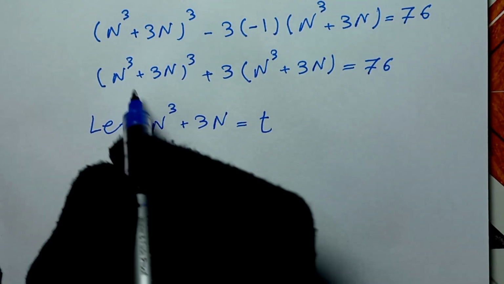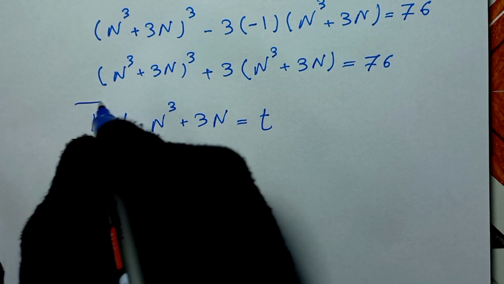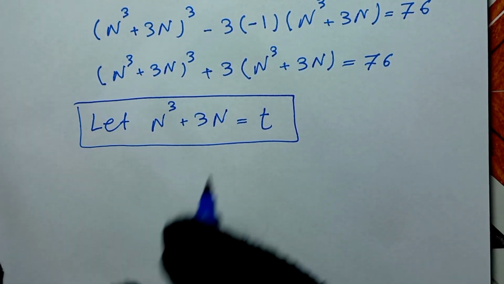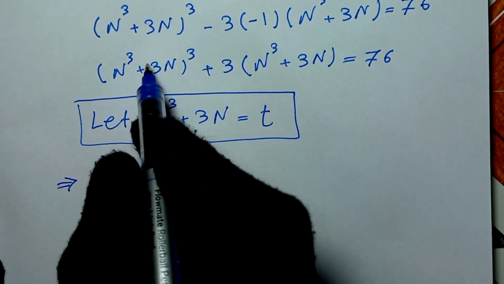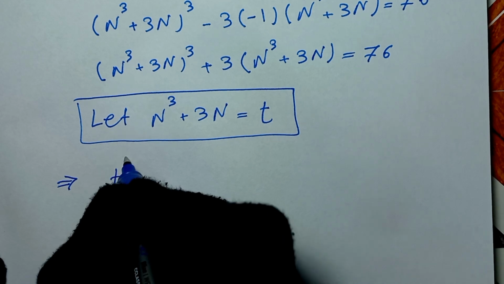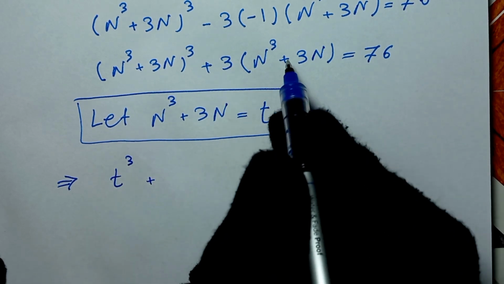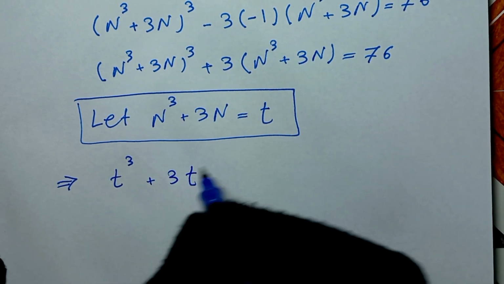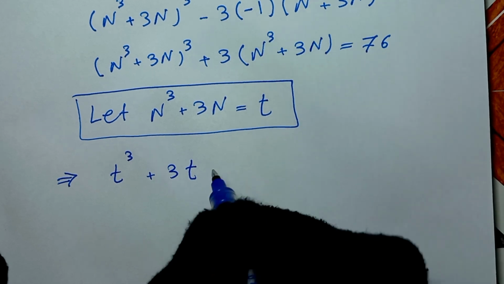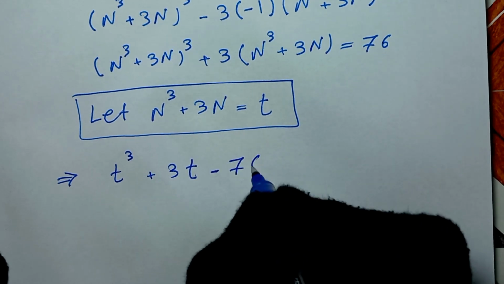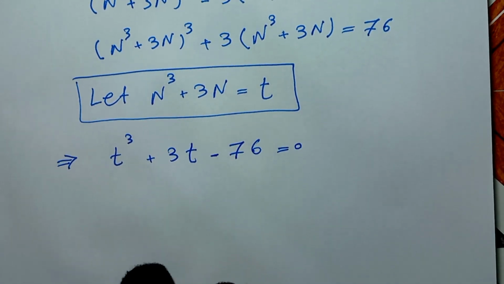And we rewrite this equation, and it will be t cubed plus 3t, and we take this 76 to this side, it will be negative 76 is equal to 0.